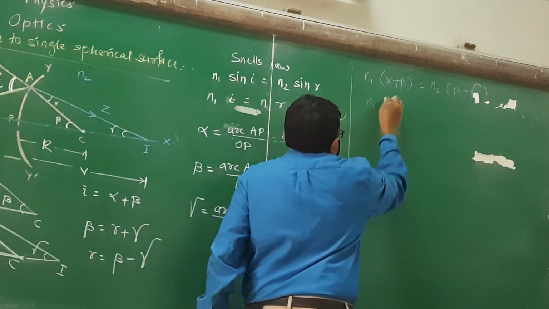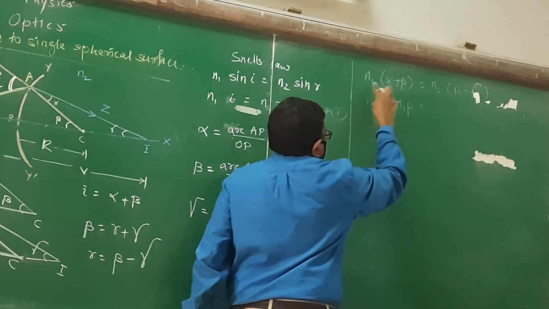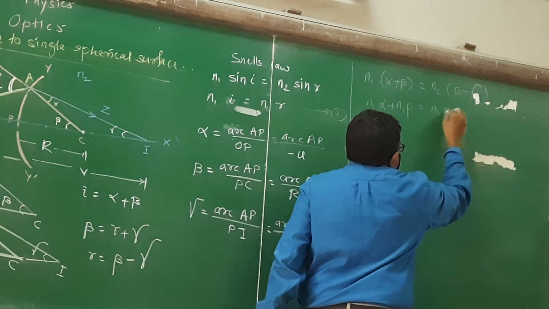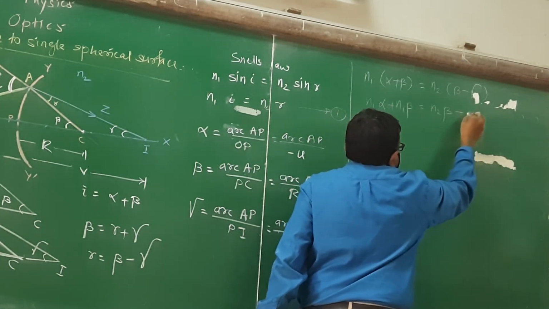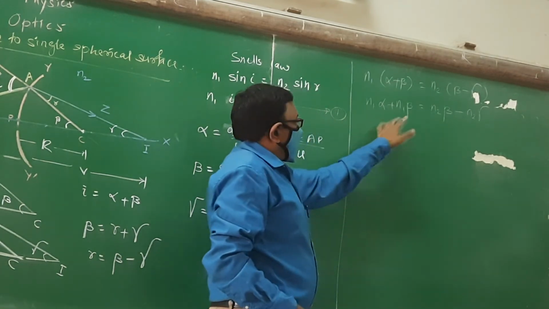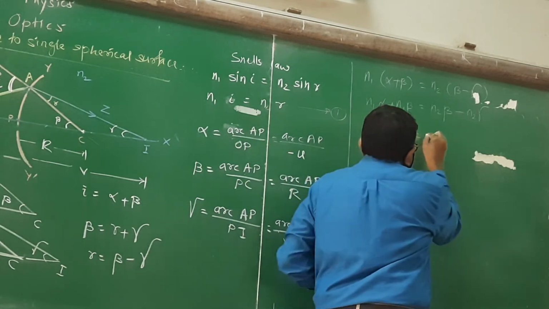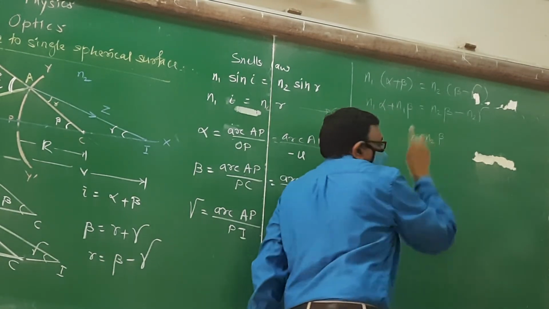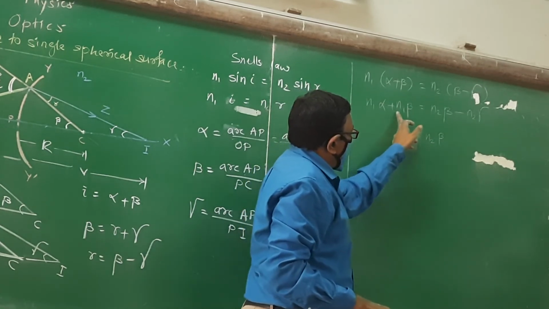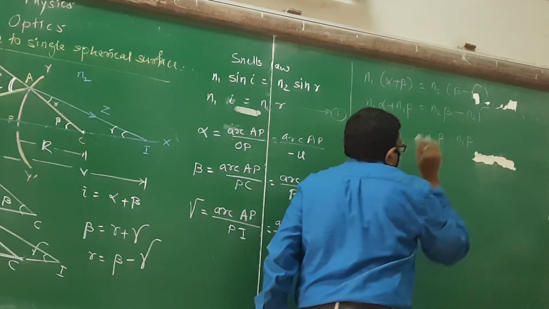Now solve this. N1 alpha plus N1 beta is equal to N2 beta minus N2 gamma. Now we take both these beta values on one side, so N2 beta as it is, and we transfer this N1 beta to the other side, minus N1 beta.